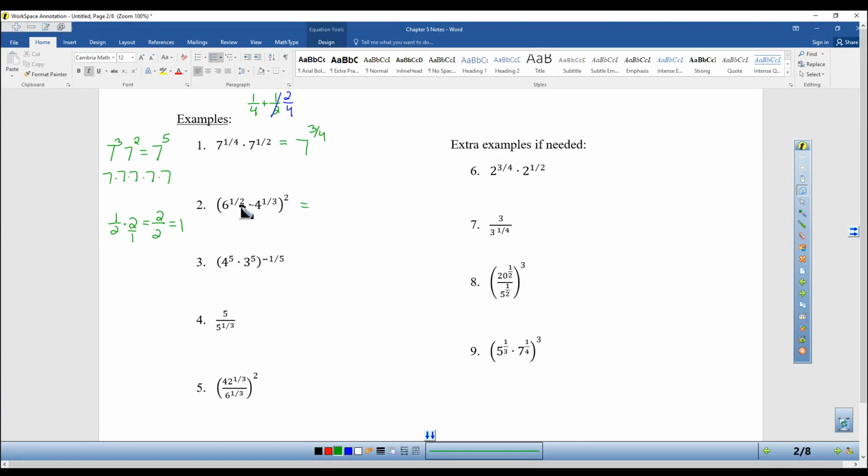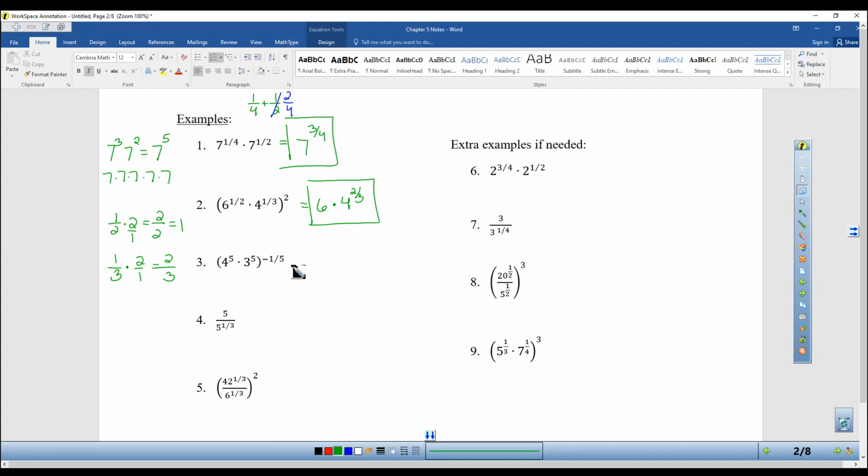So 1/2 times 2 is 1, so this becomes 6. And then 1/3 times 2, I'm not going to keep doing this, but I'm going to do it for at least a little while to make sure you got it. Change my whole number into a fraction, numerator times numerator, denominator times denominator, 4 to the 2/3. Now these are not like bases, so this is the answer. You cannot simplify that anymore.